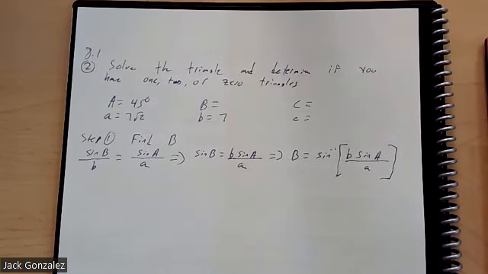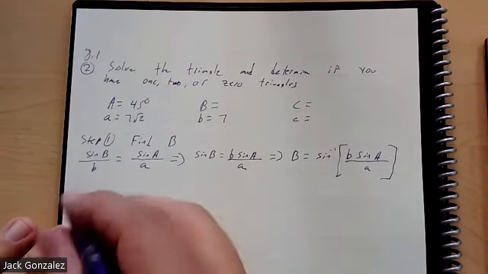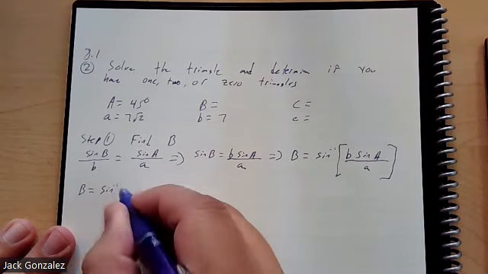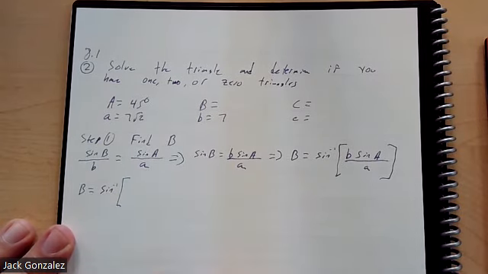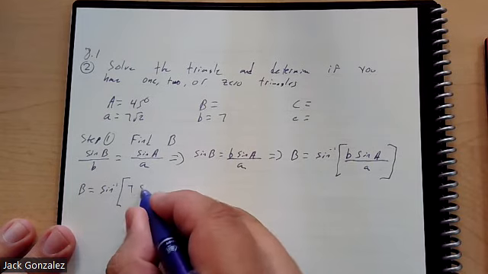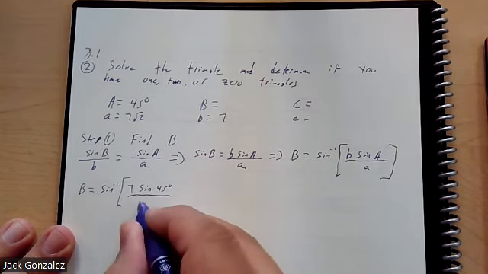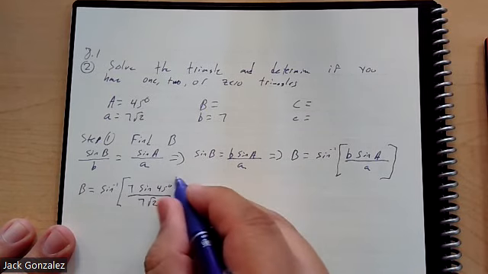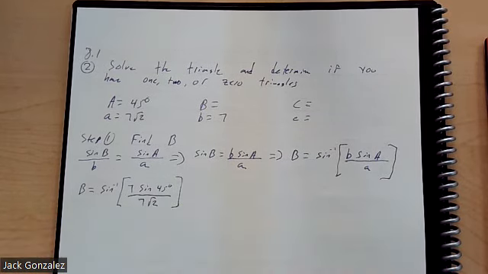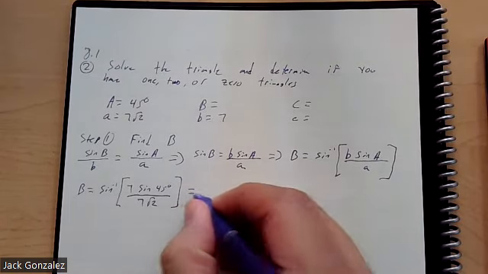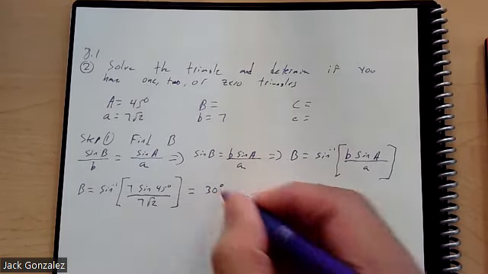So at that point, you just plug stuff in. So that would be 7 sine 45 over 7 root 2. So that would actually become what? 30 degrees.